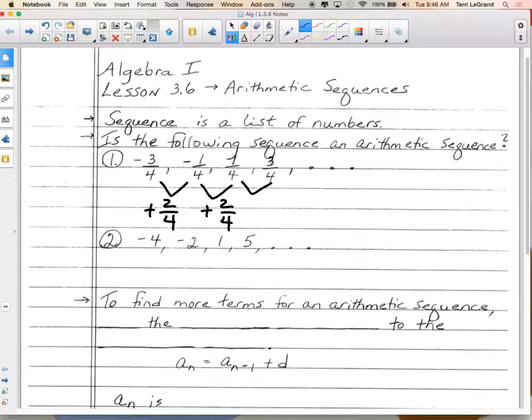Well, if it lasts between the next two terms, we can say this is arithmetic, can't we? What is the difference between 1/4 and 3/4? How many fourths is it going? 2/4 again. So we would say this is an arithmetic sequence.